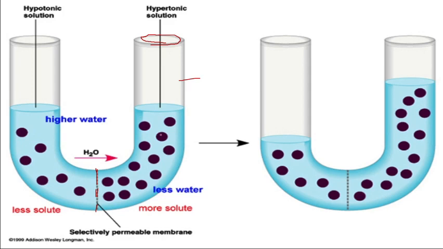Water will move from the region of higher water concentration to this place. If you want to prevent that osmosis, you have to apply pressure in this place. The pressure that you apply here is called osmotic pressure. You can apply pressure by pumping air or gas into this place.